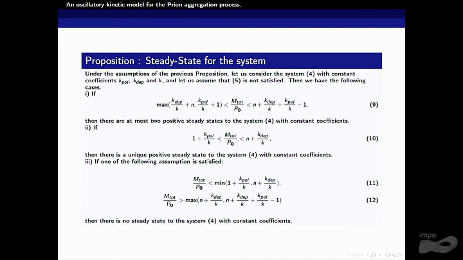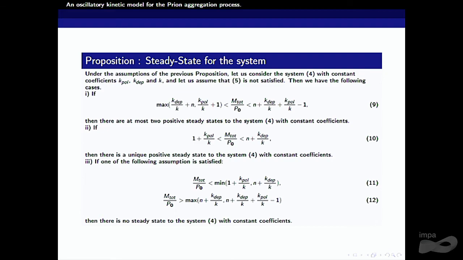Actually, when the initial condition respects this kind of relation, we have at most 2 positive steady states. But this is actually an impossible condition, because we need initial conditions bigger than n, and if n is close to infinity, then this is not respected.